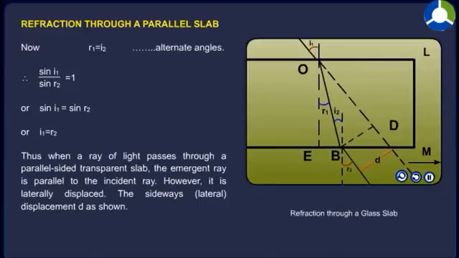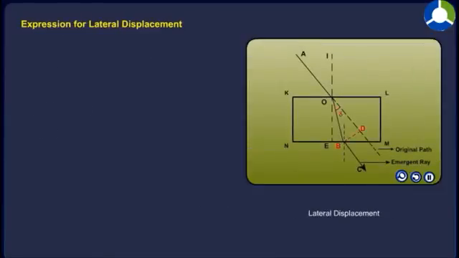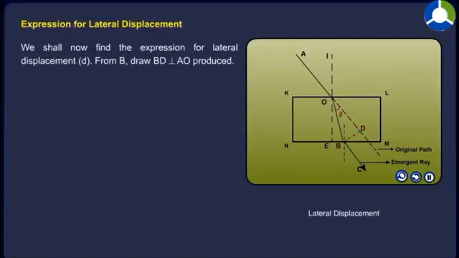Expression for lateral displacement. We shall now find the expression for lateral displacement d from B. Draw BD perpendicular to AO produced. Let angle BOD is equal to delta, the deviation on refraction at surface KL.